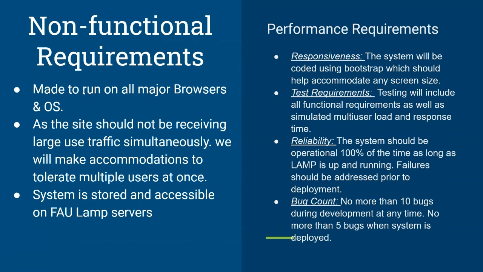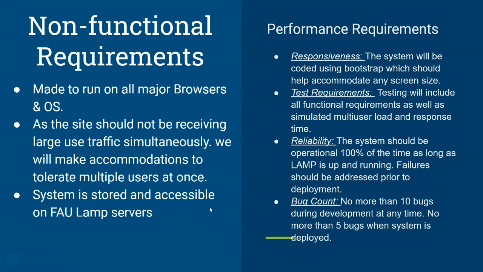We wanted to follow many different non-functional requirements. We wanted our site to be able to run on all major browsers and OSs. So it should work on Chrome, Firefox, as well as Windows, Linux, and Mac. We expect our site to have a very low traffic load, but we also wanted to accommodate multiple user tolerances at once. So we should be able to simulate a bit higher traffic load, but of course not too high.